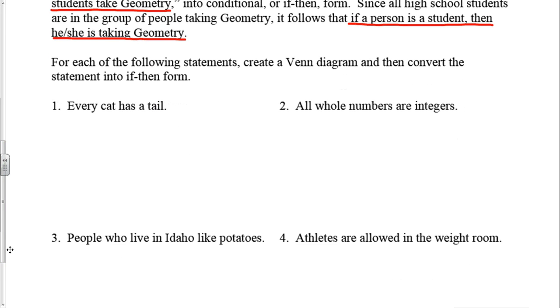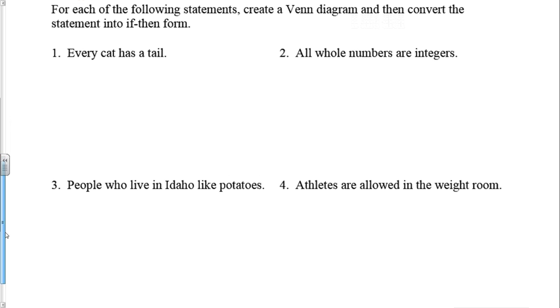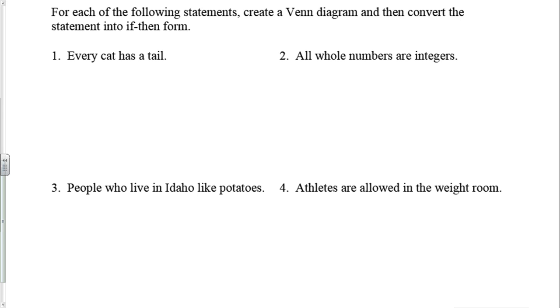So moving on, we're going to try a couple. For each of the following statements, create a Venn diagram and then convert the statement into if-then form. I would like for you right now to go ahead and try and draw number 1. Every cat has a tail. So please go ahead and draw the Venn diagram for number 1 now.